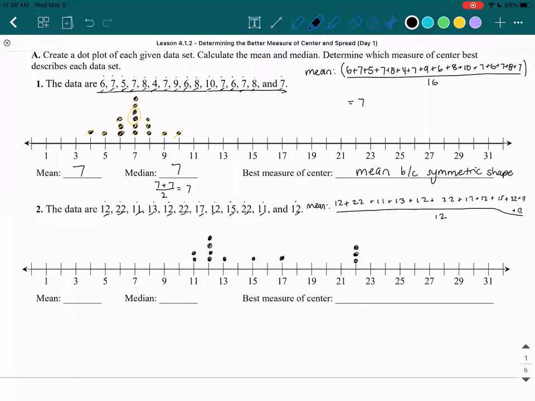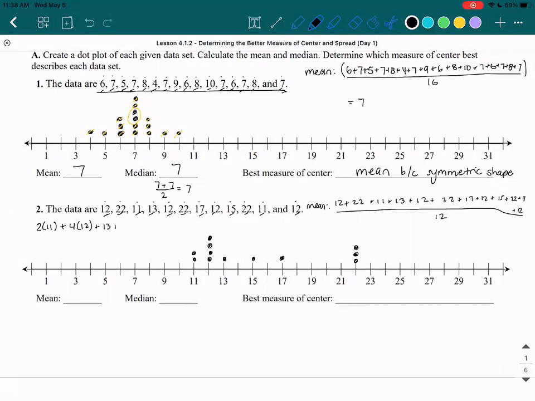By the way, another way that you can calculate mean, it's the same thing. It's just by looking at the dot plot, because now the dot plot has helped us organize it. So you can see that there's two numbers in 11. So I can say 2 times 11 plus, there's 4 numbers in 12. So I'm going to say 4 times 12 plus, there's one number in 13. So I can just say plus 13.